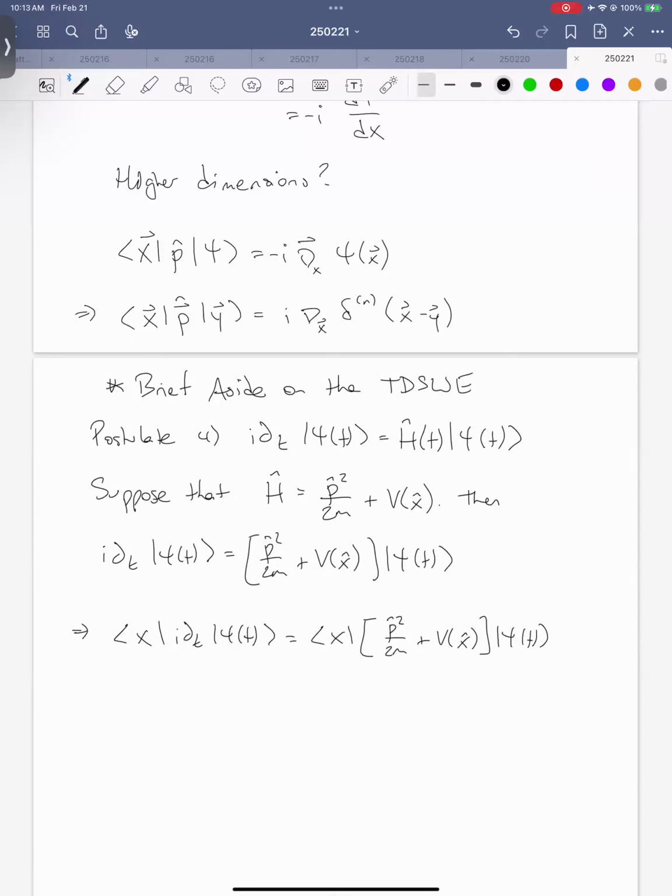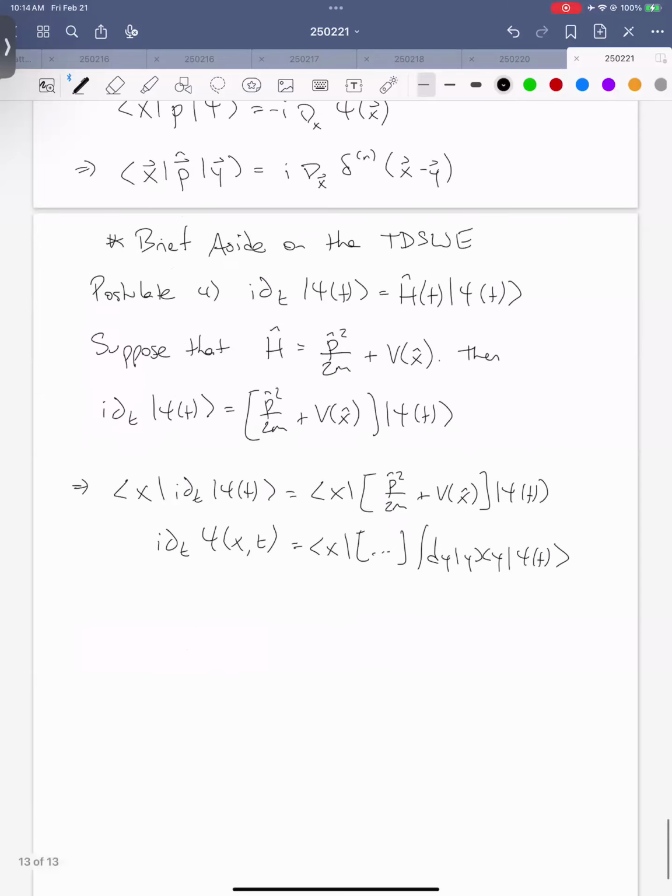I can pull out the i partial t, and then I have i partial t of the function at time t in the x basis. So this is going to be equal to x, and then the same stuff as before. We insert our nutritious identity. And what's going to happen with that?